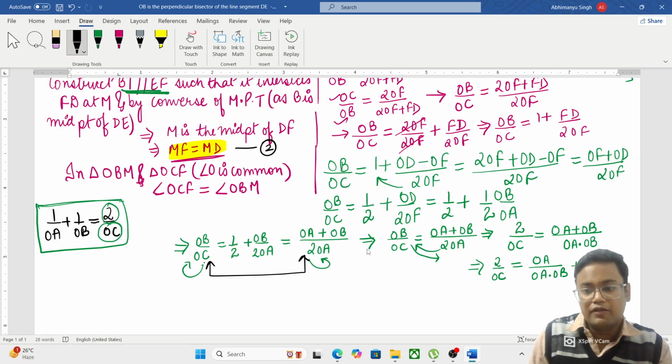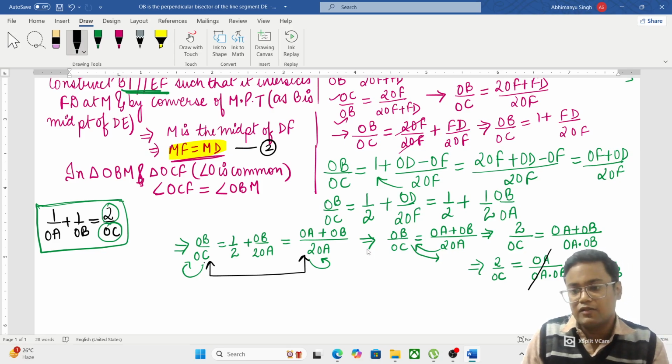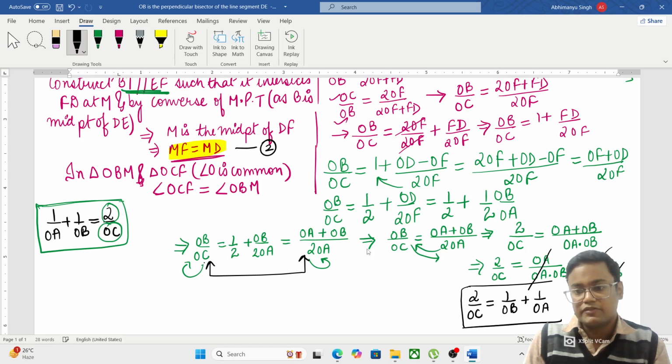So finally we are done, children. This OA will cancel out OA and OB will cancel out OB, and then we can successfully write that twice of 1 upon OC is equal to 1 upon OB plus 1 upon OA. So this is what we wanted and we have successfully shown it.